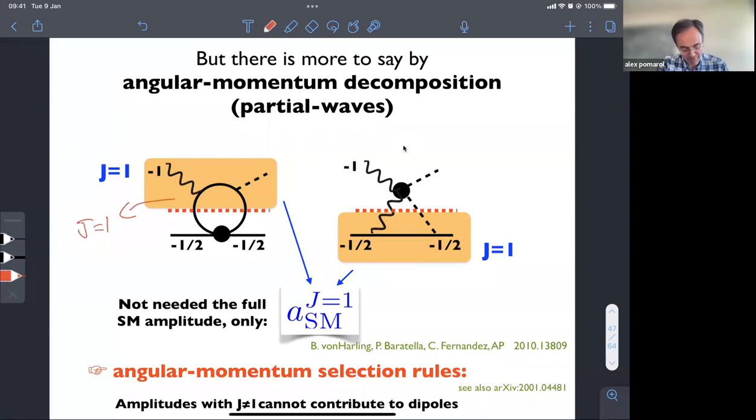If the internal states are not in J equal 1, you will not have contributions here. So you know that this internal state should be in J equal 1, also because this is an amplitude. So you have J equal 1 coming in, J equal 1 here, J equal 1 in the final ones.